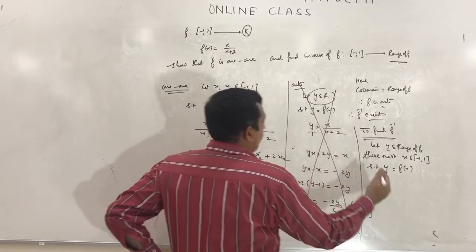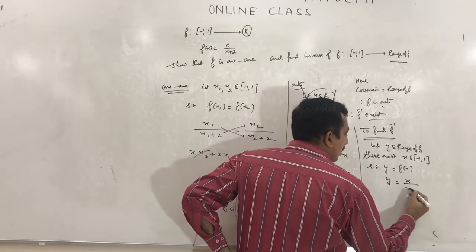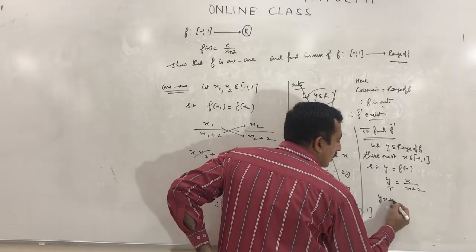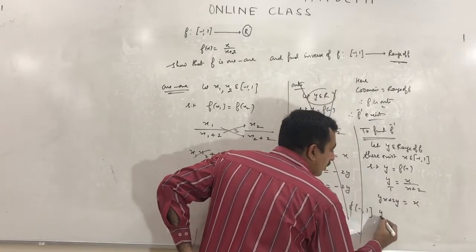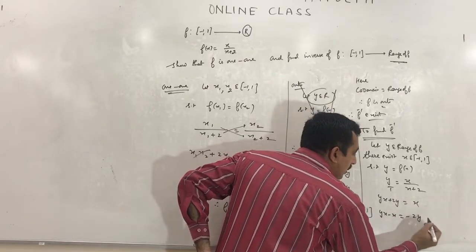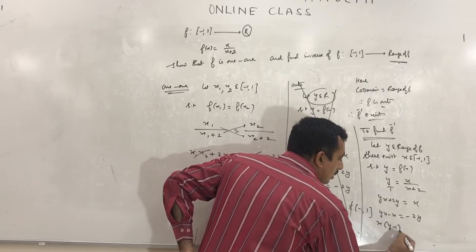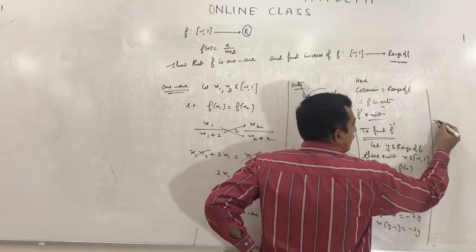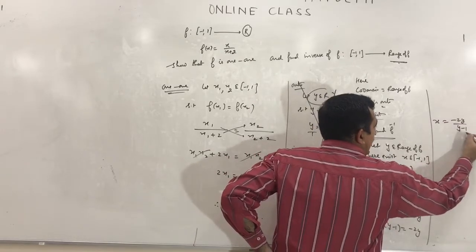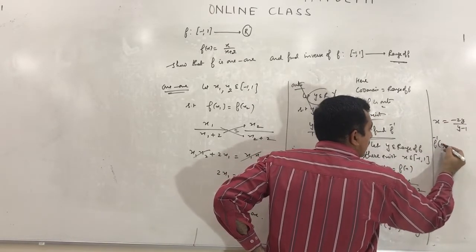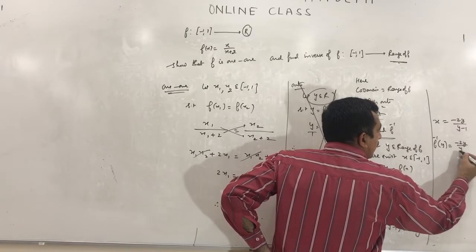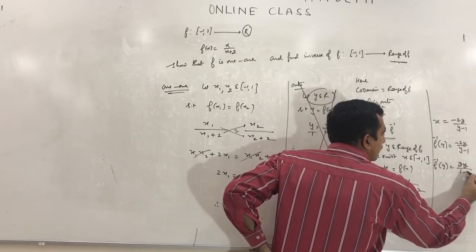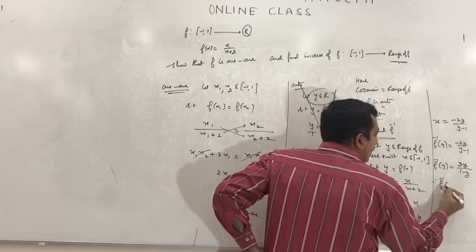Next line, y equal to the expression. Cross multiply, all the terms which contain x should be transferred. Take x common, find the value of x, and this x is called the inverse. And you can write this also. And next line, inverse x is this.